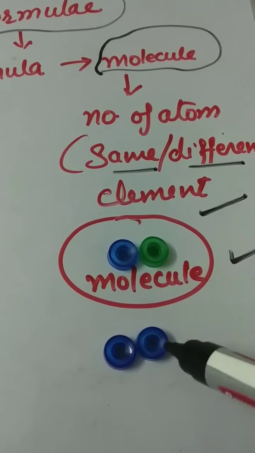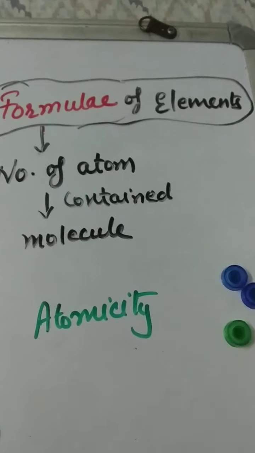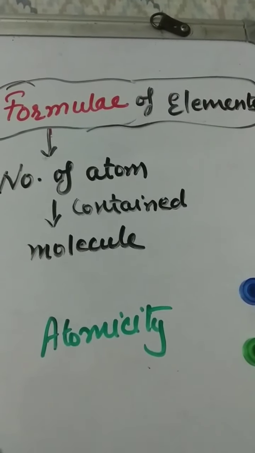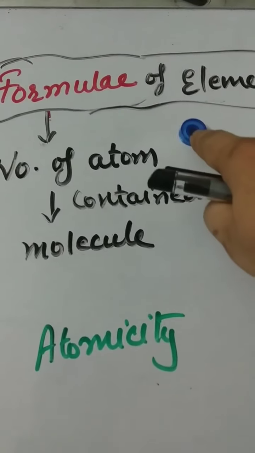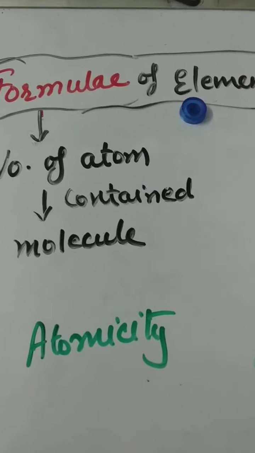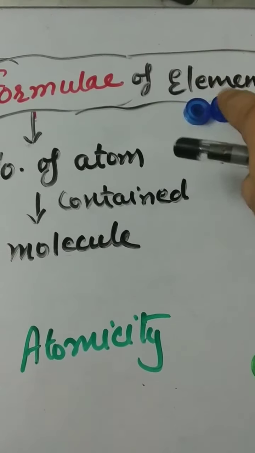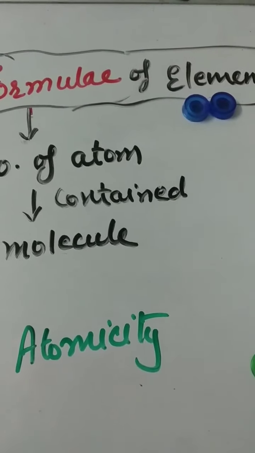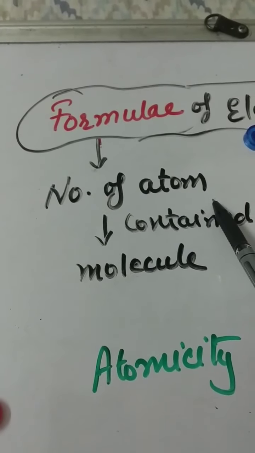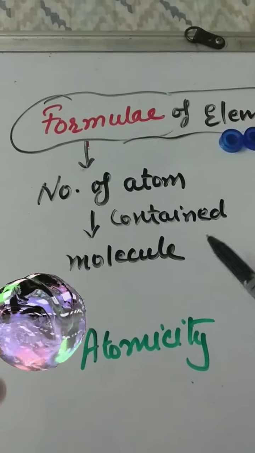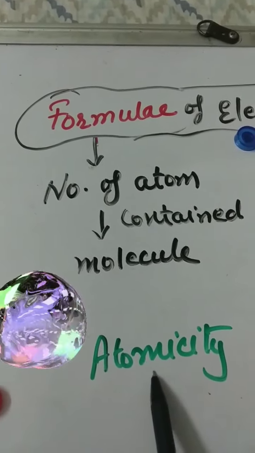Maybe the same type of atom, maybe different kinds of atoms. Formulae of elements. When an atom of an element combines with other atoms of the same element, a molecule is formed. The number of atoms contained in a molecule is called the atomicity of the molecule.